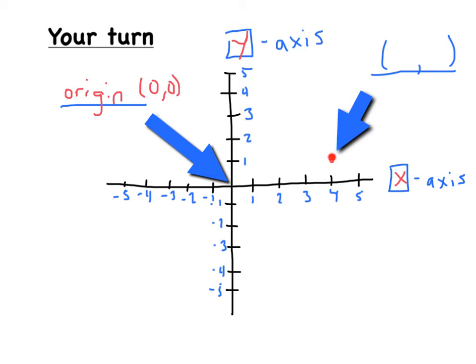And with this ordered pair, remember, x is always first, y is always second. So where are we on the x-axis? We're at the 4. On the y-axis going up, we're at the 1. So the point is (4, 1).